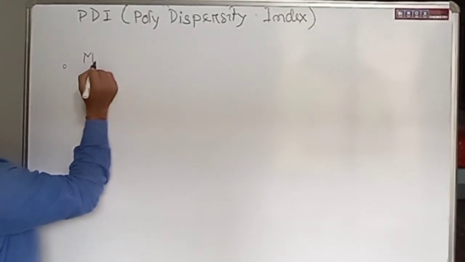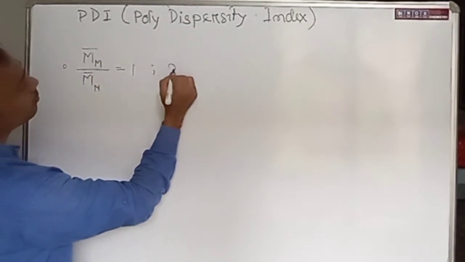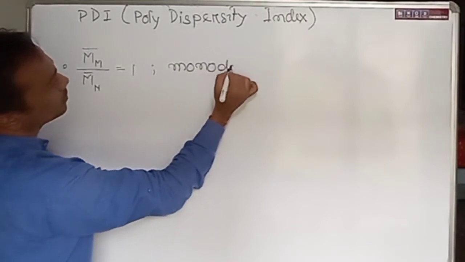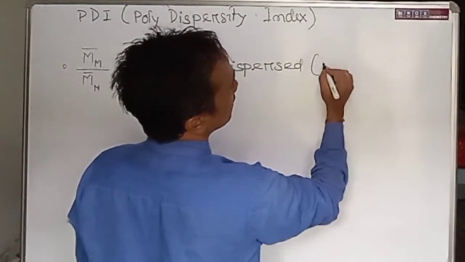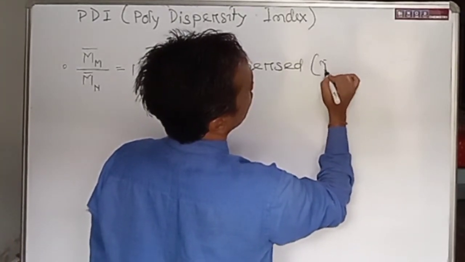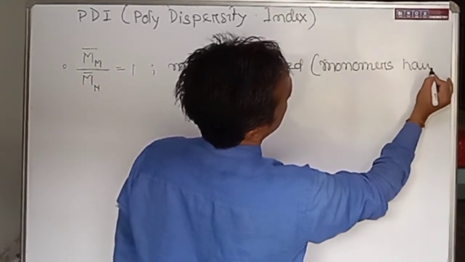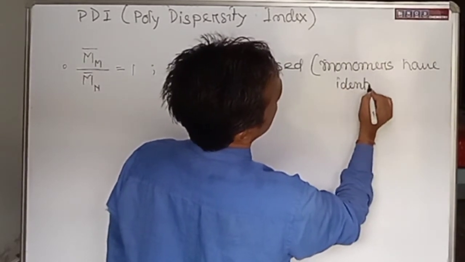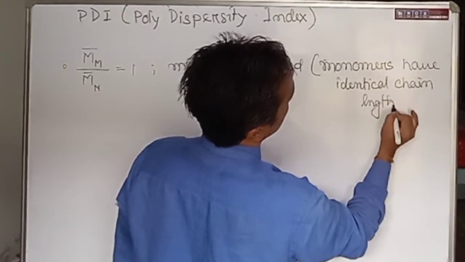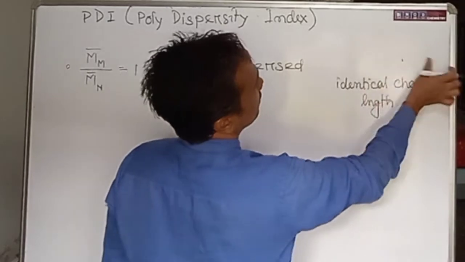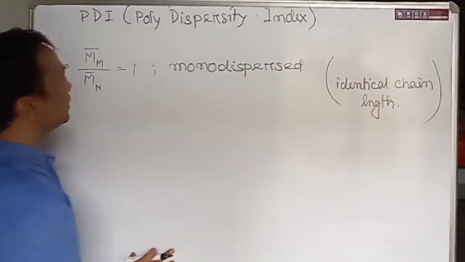If Mw divided by Mn is equal to 1, it is monodispersed. Monodispersed means identical, the same.